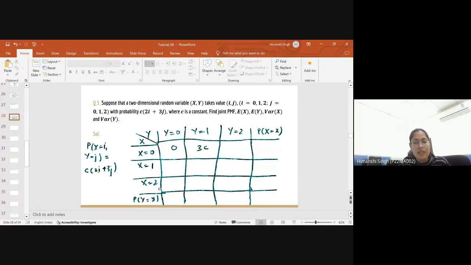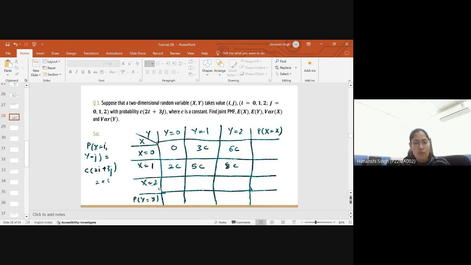If X is 0, Y is 2, it will be 6c. If X is 1, Y is 0, it will be 2c. X is 1, Y is 1, it will be 5c. X is 1 and Y is 2, it will be 8c.